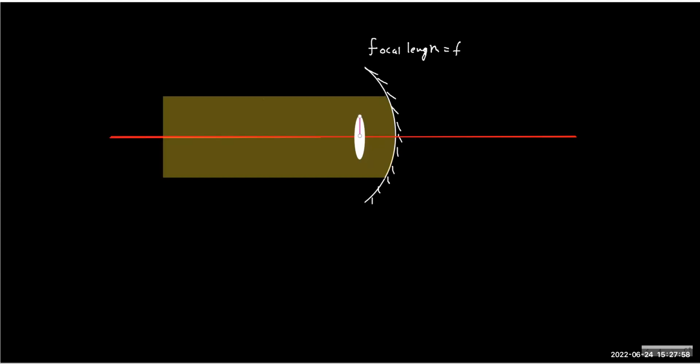And the coin is kept at a distance of, let's call it, f by 3.